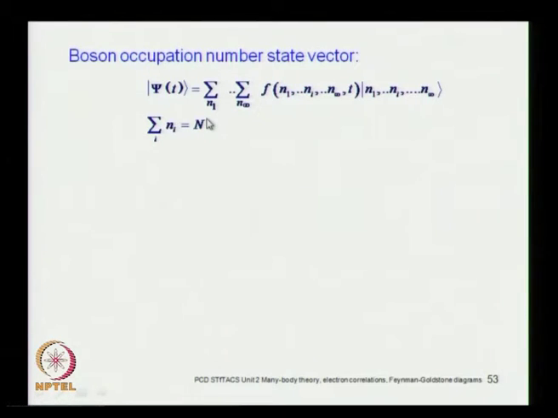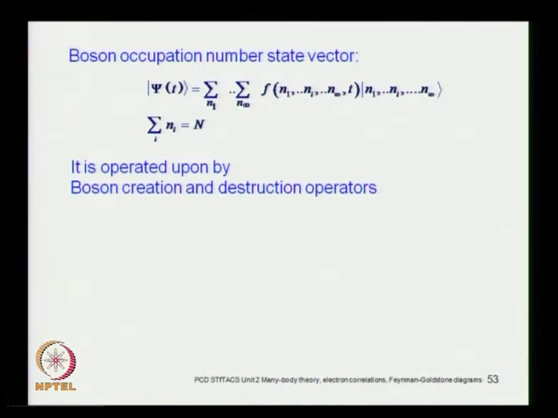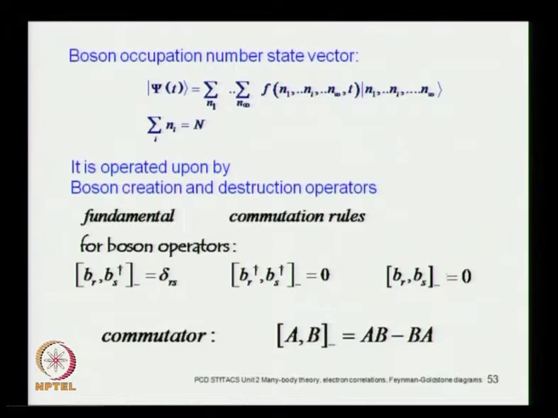That is the only constraint, and these occupation number vector states will be operated upon by creation and destruction operators which have a different set of rules, given by the boson commutation rules. AB with a minus is AB minus BA. This is the usual commutator that we work with, especially when we deal with position and momentum operators. It is the same commutator, but in the case of the Fermi operators you have the anti-commutator.